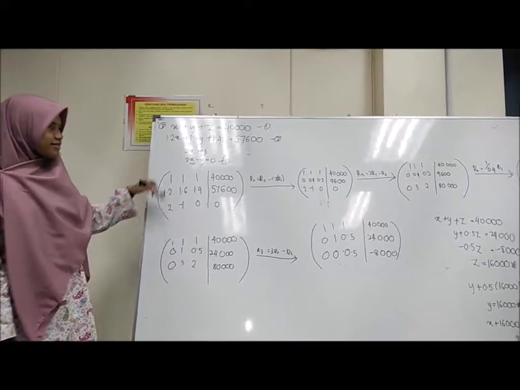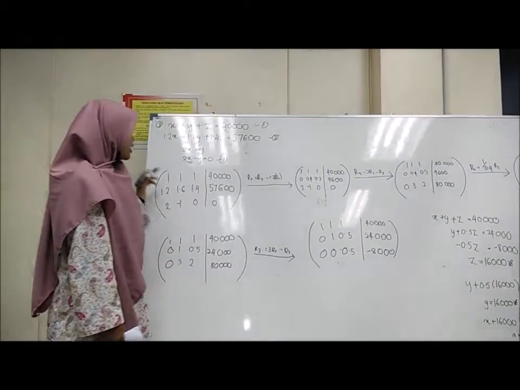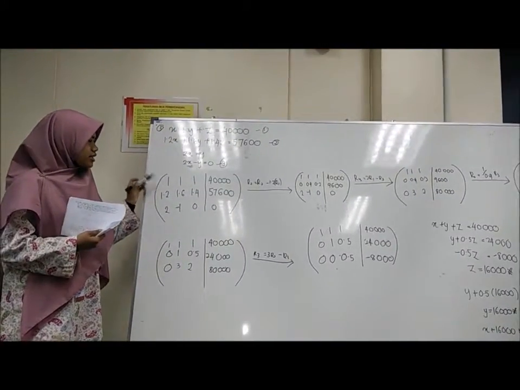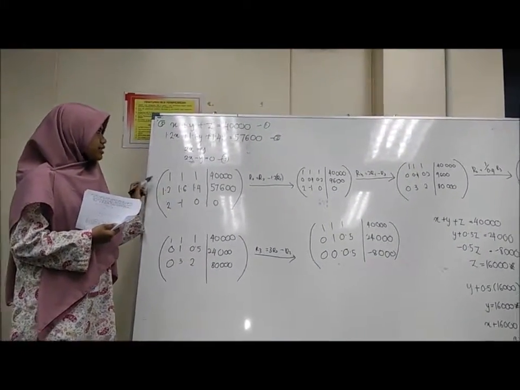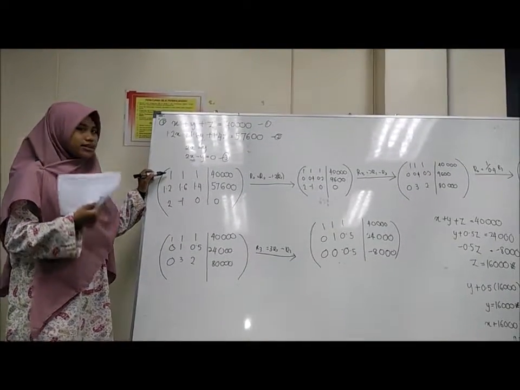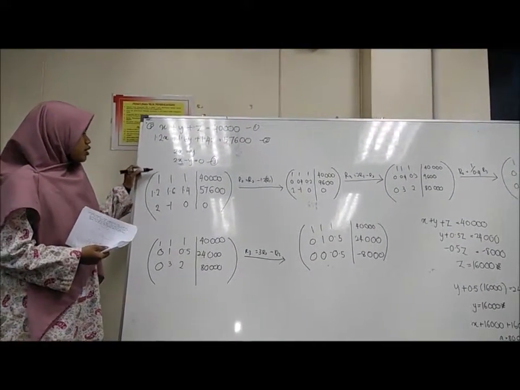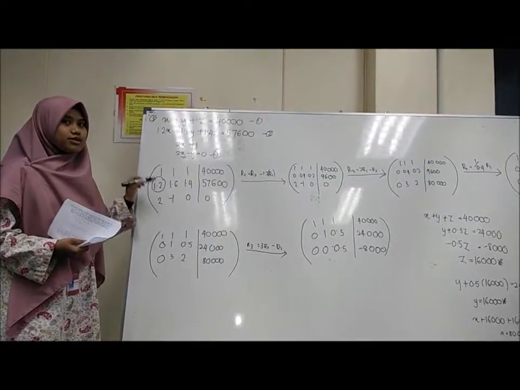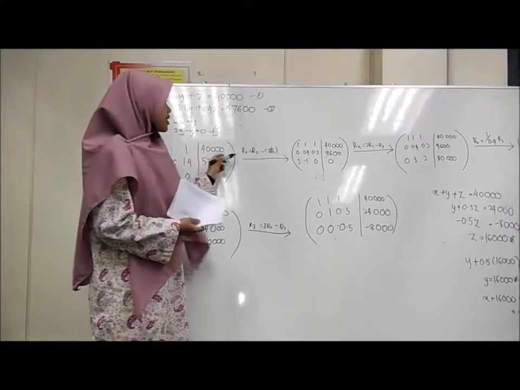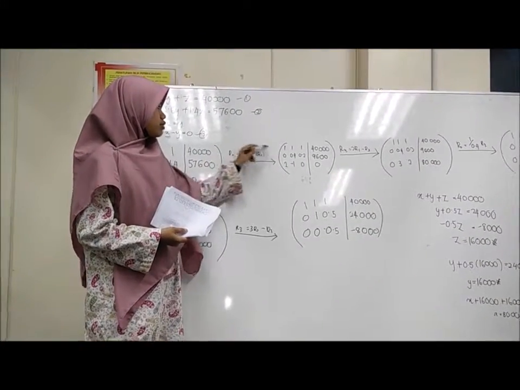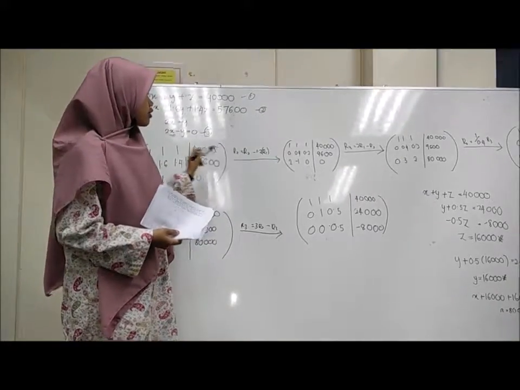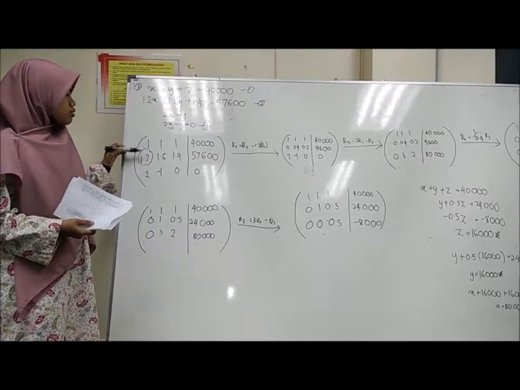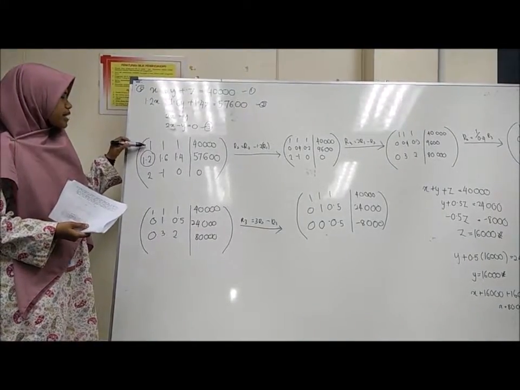So we convert the unknowns into matrix form. As my friends said before about the rule of this concept, we need to change this row to 0. So row 2 equals row 2 minus 1.2 multiplied by row 1.